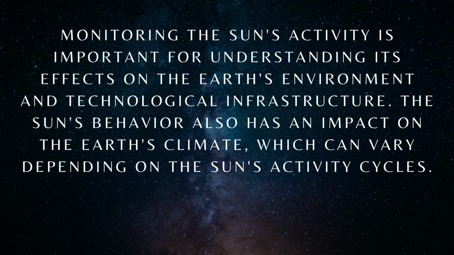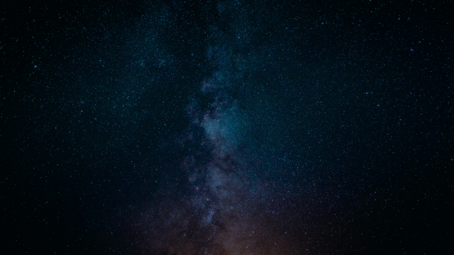Monitoring the Sun's activity is important for understanding its effects on the Earth's environment and technological infrastructure. The Sun's behavior also has an impact on the Earth's climate, which can vary depending on the Sun's activity cycles.